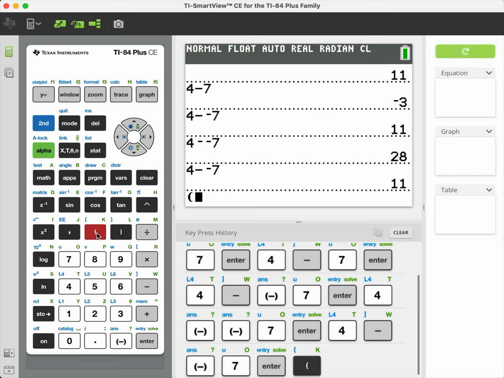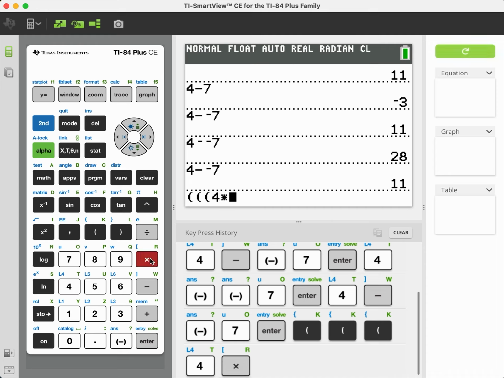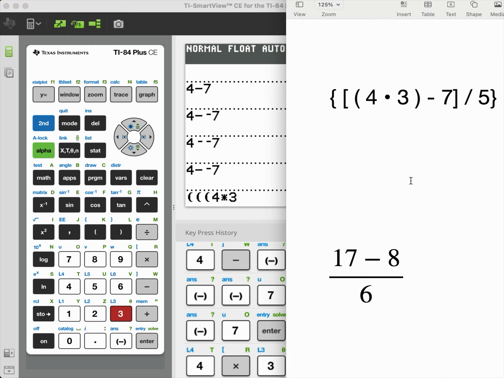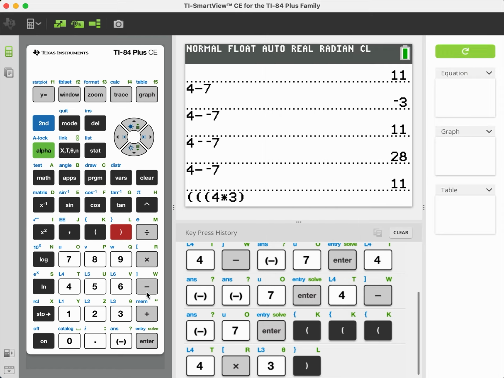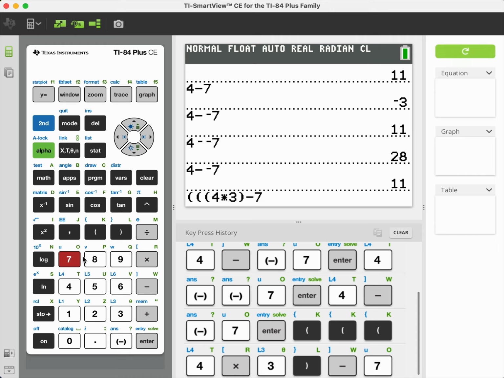3 left parentheses in a row. What next? 4 times 3. Then I want to write parenthesis and then minus, as in subtract, not negative. And then 7 and an end parenthesis.